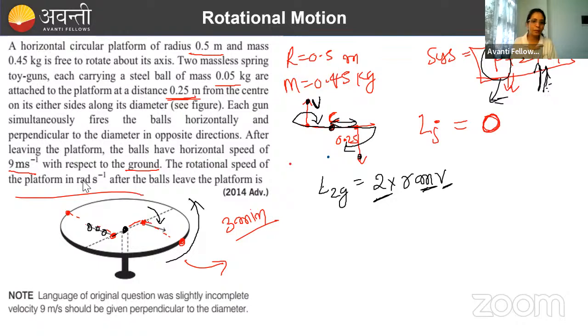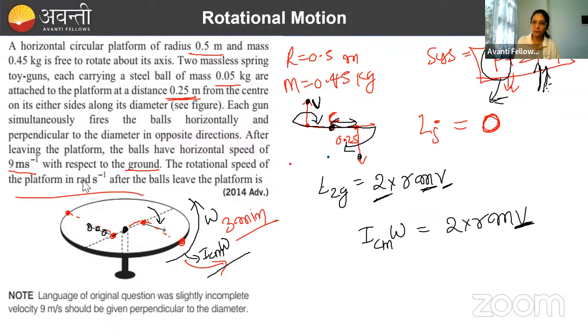Done. So this platform is definitely going to rotate. And if it is rotating with omega, then I can say its angular momentum will be I_CM omega, because around the center we have calculated the angular momentum of these two small particles also. Done. So applying conservation of angular momentum, I_CM omega must be equal to what? 2 R m v_b.